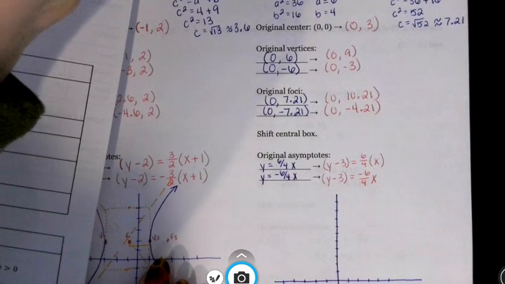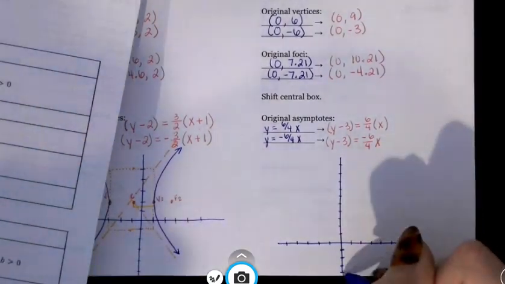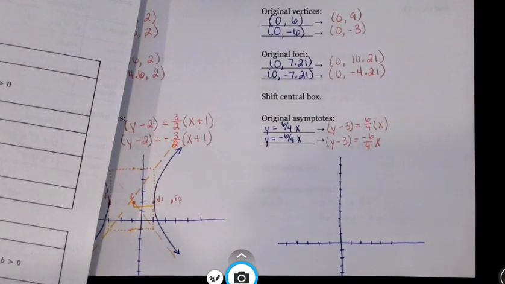All right, so I probably didn't have enough room at the bottom here, but that is okay.